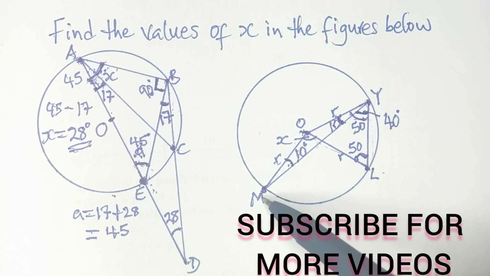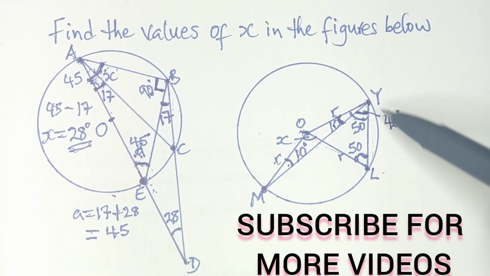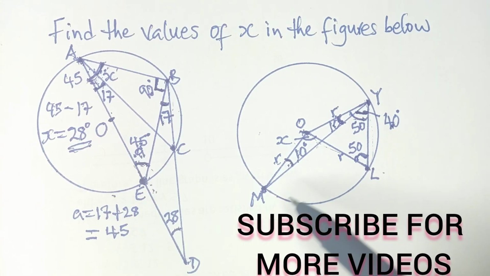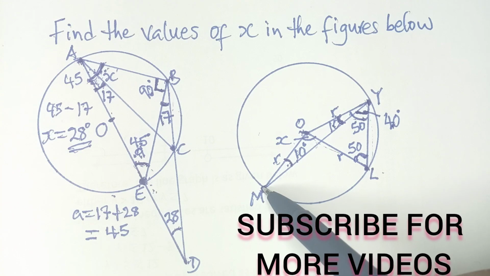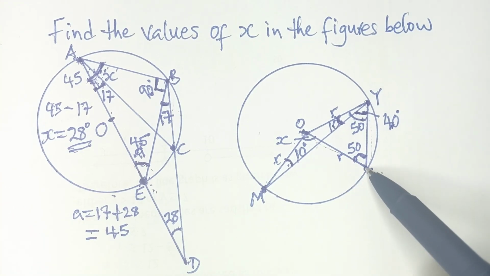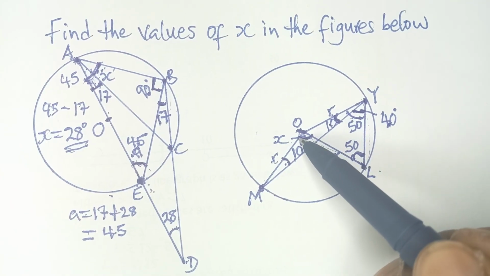So you can see it from M to Y and from L to Y. It forms this angle of 40 degrees that we just obtained. Then similarly from M to the center O, and also from the same L to the center O, we now have an angle at the center there.